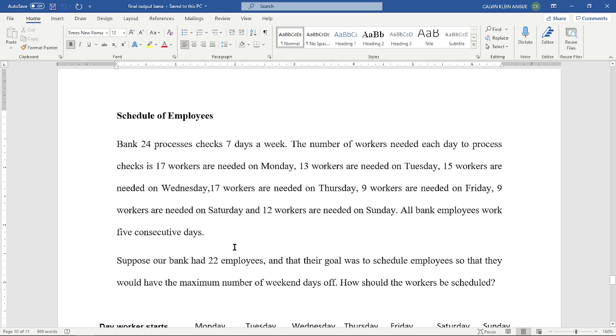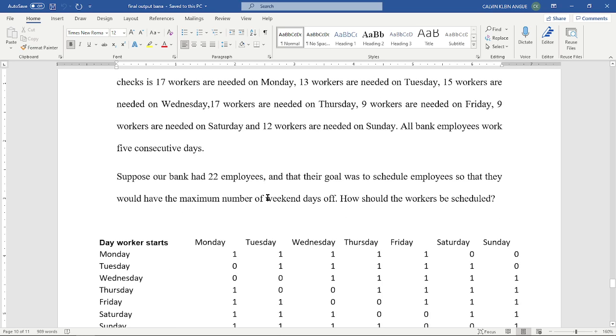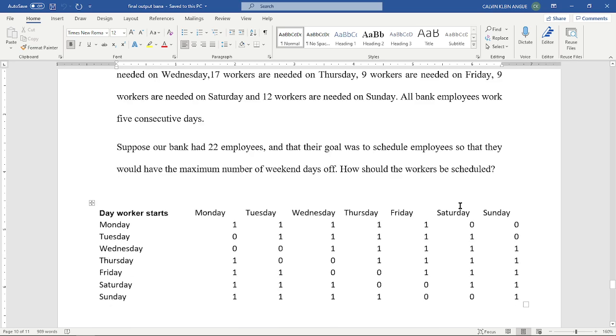All bank employees work 5 consecutive days. Suppose our bank had 22 employees, and their goal was to schedule employees so that they would have the maximum number of weekends and days off. How should the workers be scheduled?